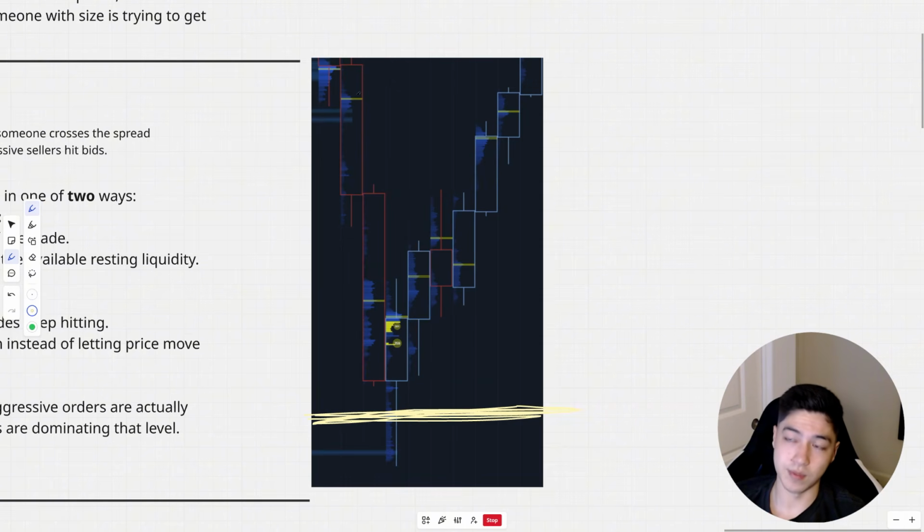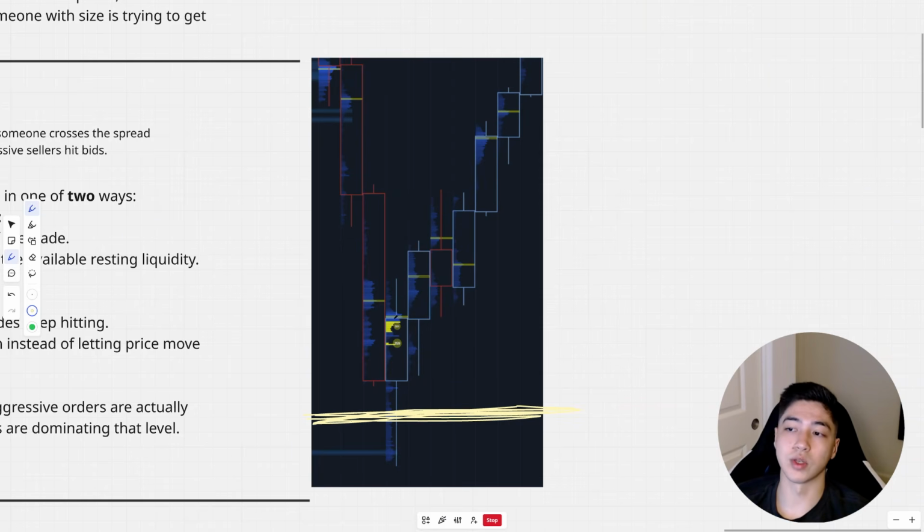So let's imagine that as price is playing out, we are moving with speed to the downside, making you question whether or not your level is valid still, or if it's just going to get sliced through. Once we bounce off of here, if this is your level, we want to see if buyers are actually stepping in, validating that level, saying that they're trying to take back control of the auction and move price higher.